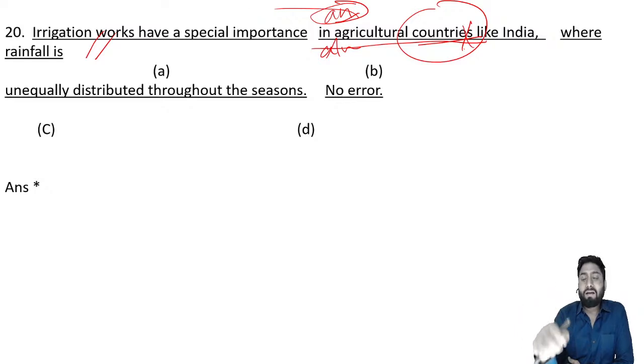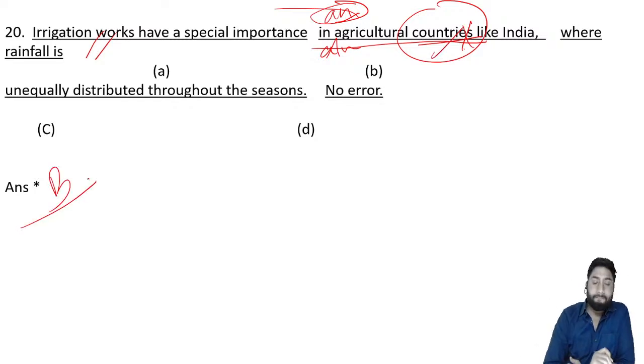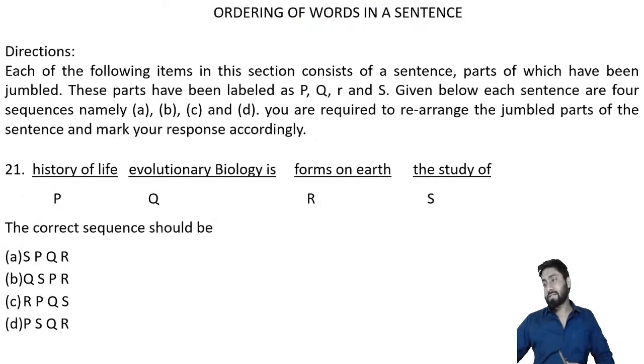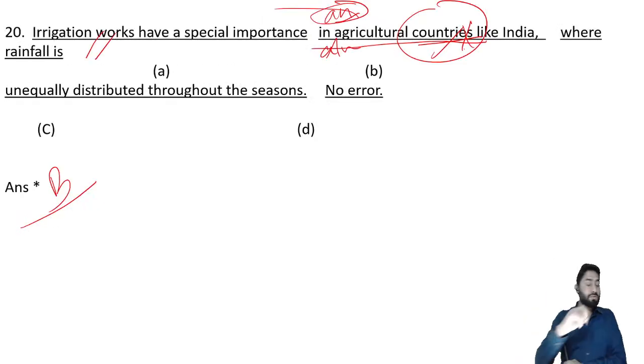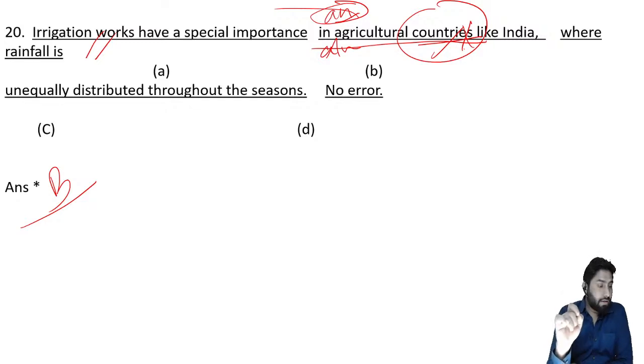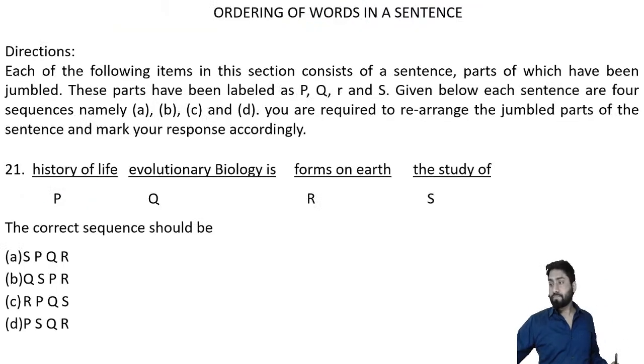So in an agricultural country like India, where rainfall is unequally distributed, this B part has the problem. Right, this 'an' is given there. I'm sorry. आ जाओ आगे बढ़ते हैं. Next, कुछ जगहों पे कुछ प्रॉब्लम है टाइपिंग में. तो ऐसा एक पहले भी था एक दो में, so you keep pointing out anyway, right? And I am even cross checking now. I'll keep cross checking. Now let's move further.